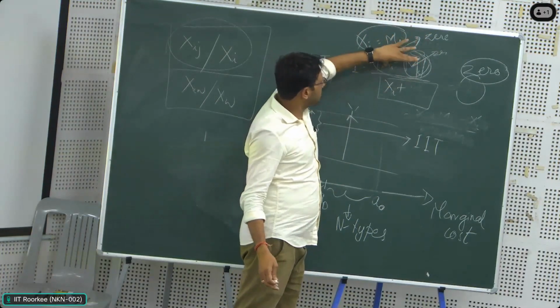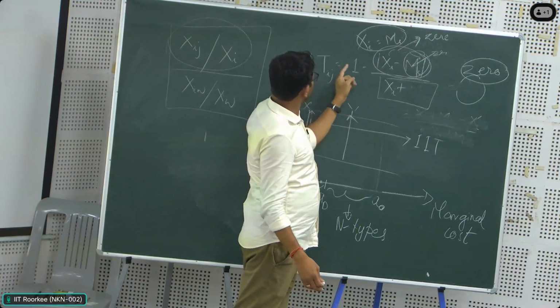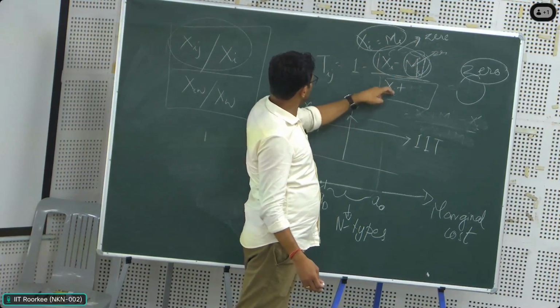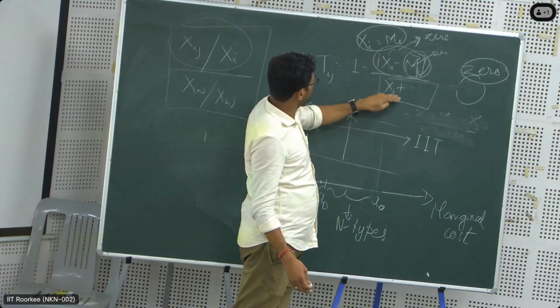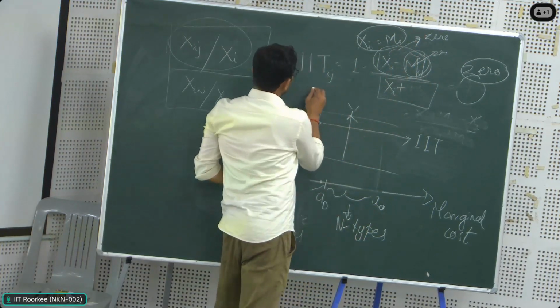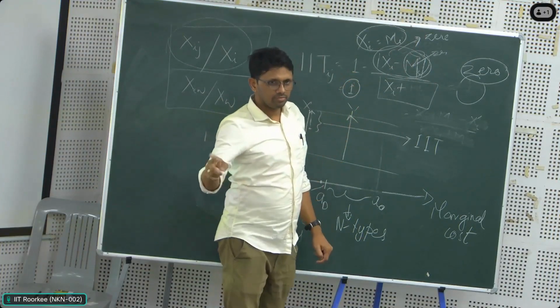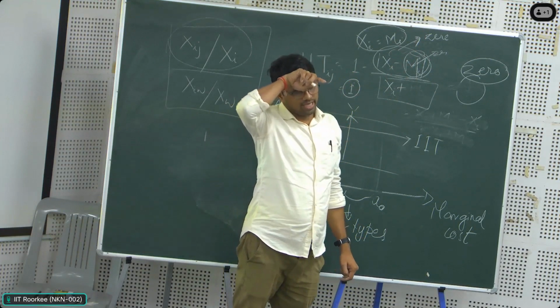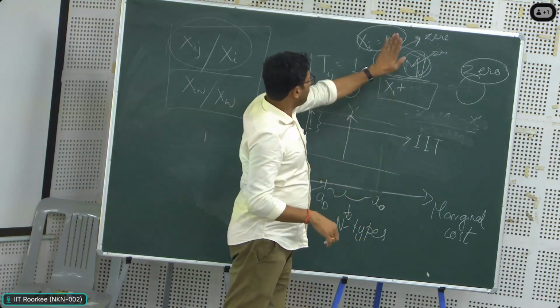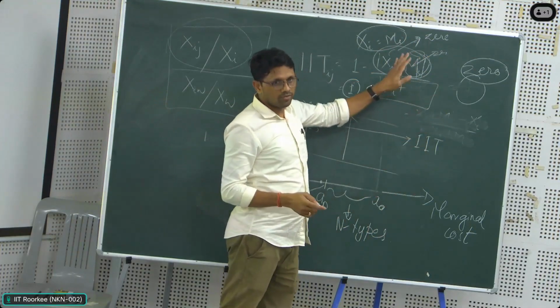So this difference is 0, and hence IIT equals this one in the numerator divided by this one, which is equal to 1. So IIT's value equals 1 when it is 100% intra-industry trade. Okay, done. This is the GL formula, Grubel and Lloyd formula.